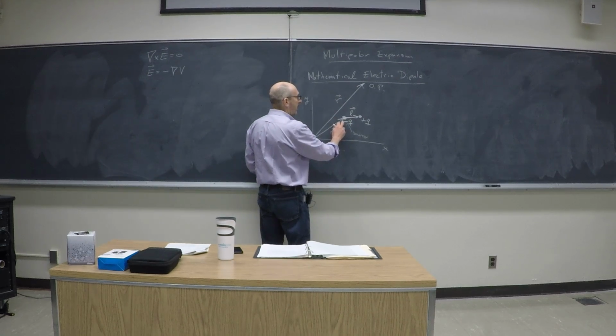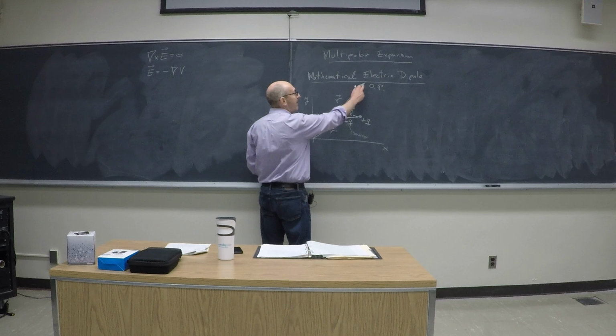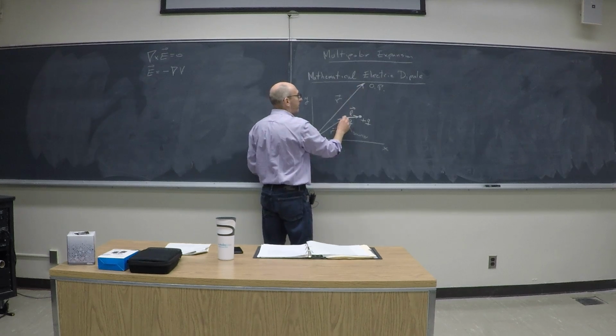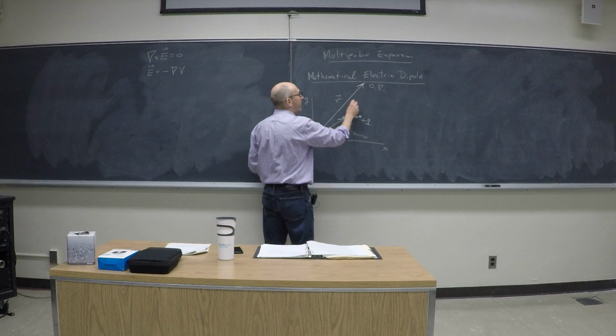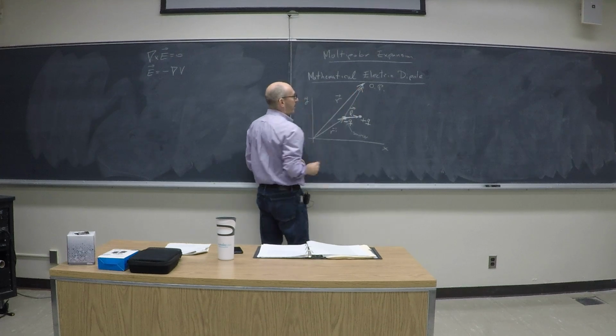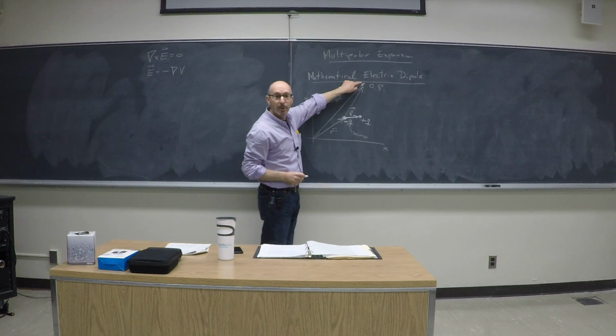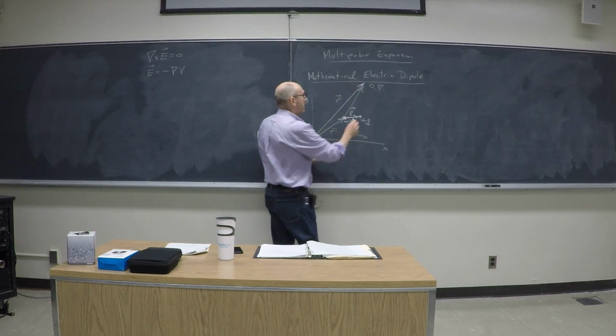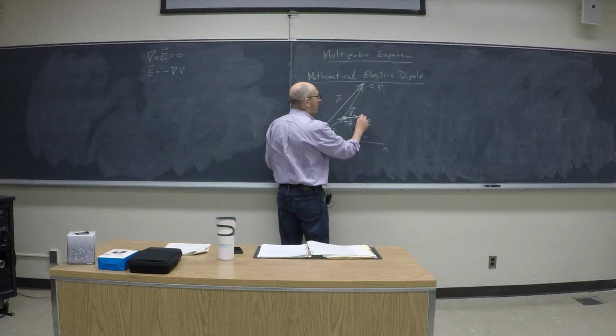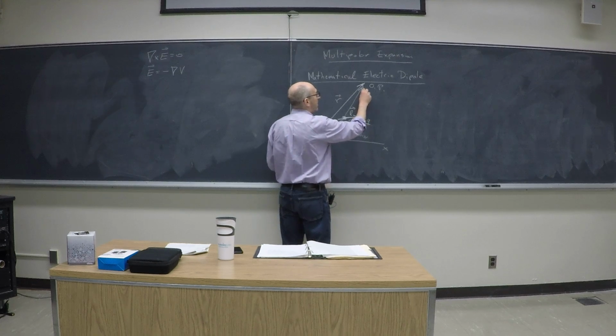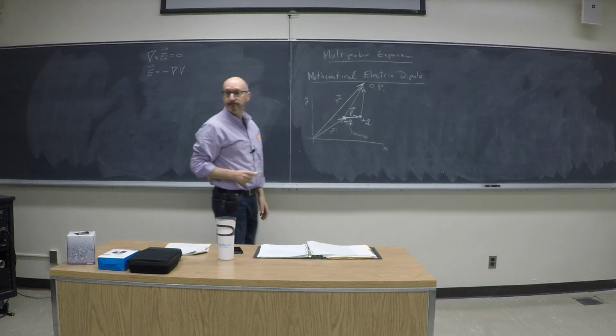So the charge minus q will have an effect on r through this vector here. So the vector that joins minus q with the observation point. And the charge plus q will have an effect through this other vector. Right?